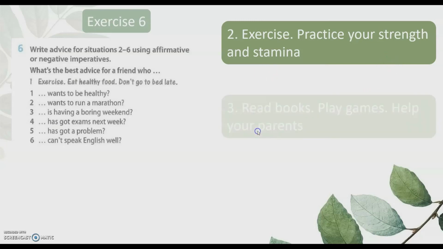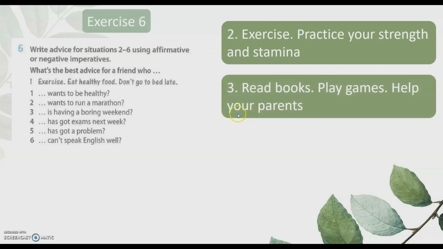The third one is what's the best advice for a friend who is having a boring weekend. My answer is read books, play games, help your parents. These are some examples of activities that you can suggest to your friend.